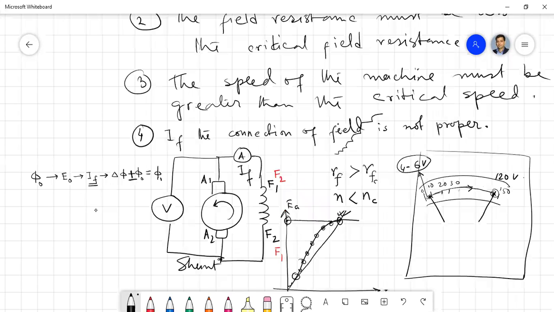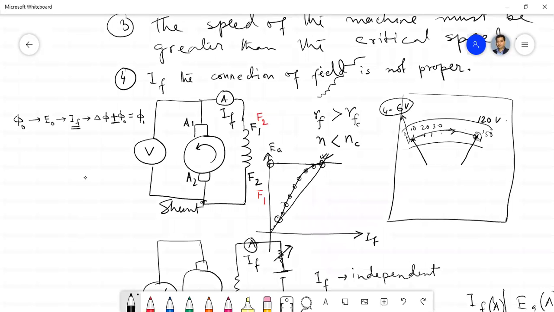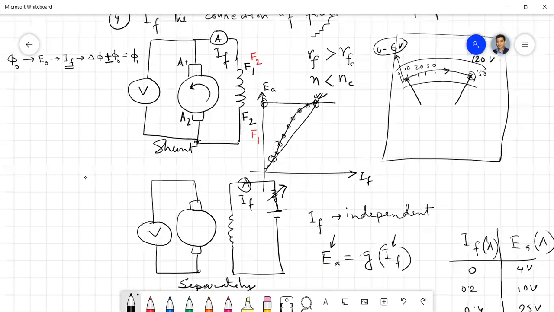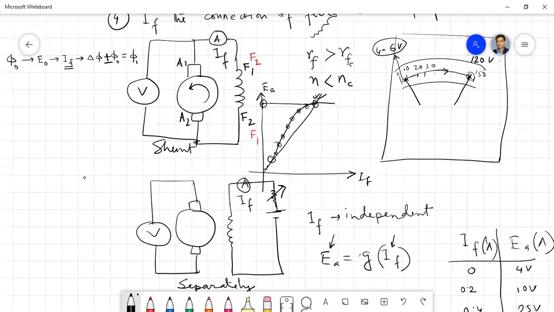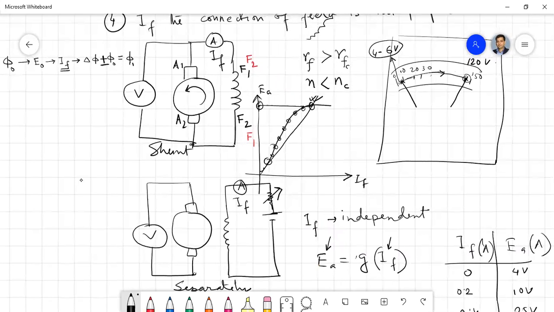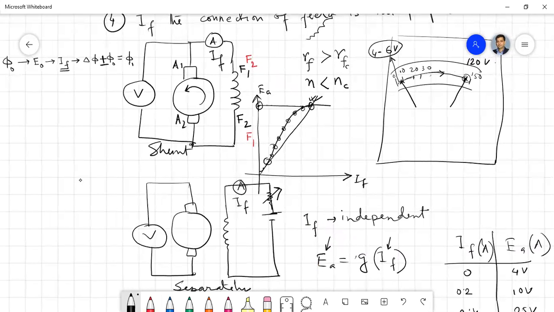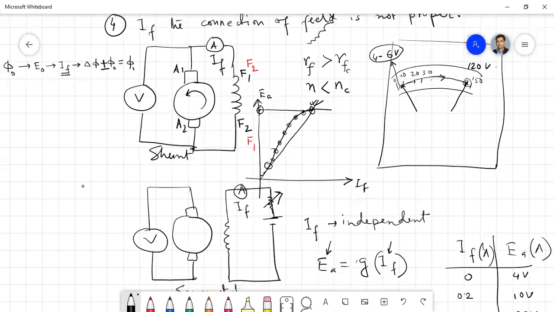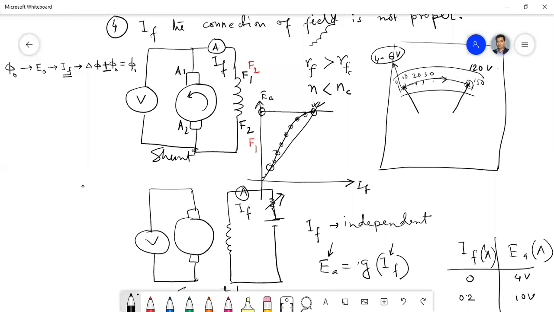If during the starting of this machine the voltage is not getting built up, then you have to reverse the field connection, because it is not possible for you to know at what connection the voltage will build up. Suppose all the conditions are okay, but still the voltage is not getting built up, then you have to interchange the field terminals and check again whether the voltage is getting built up or not.